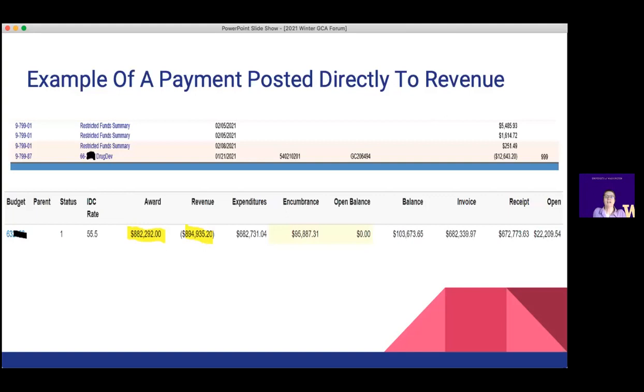The next one. So I have found an example of where a payment is posted. So you can see on that little top portion, this payment of $12,643 was applied to revenue.